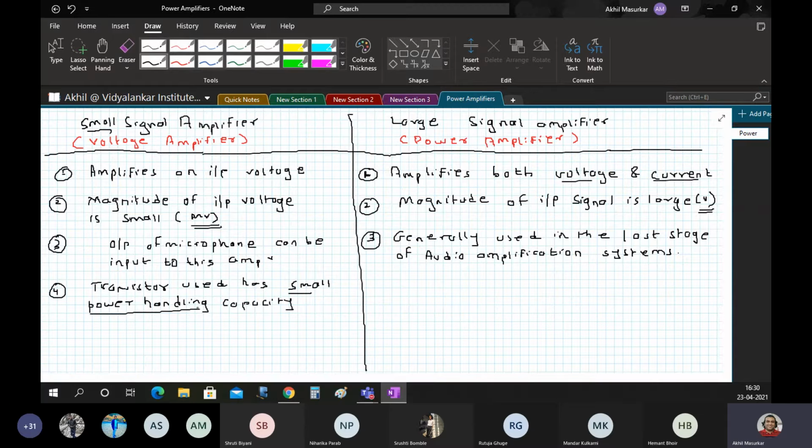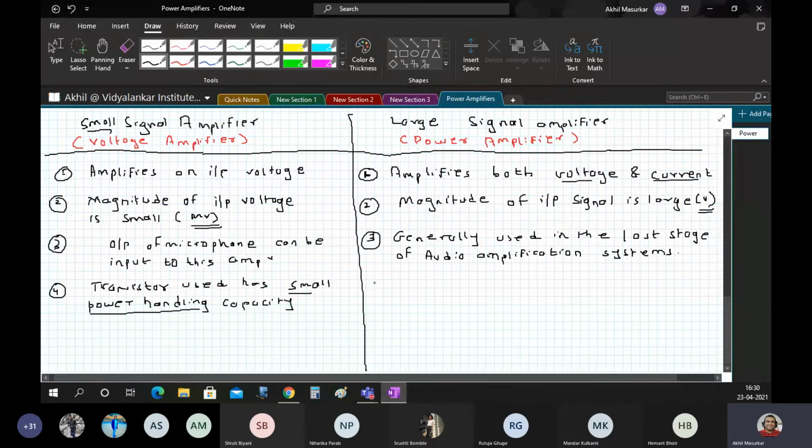We said, whatever it is, it's fine. But here we have to comment on power. So in power amplifiers, the transistors used have high power handling capacity.